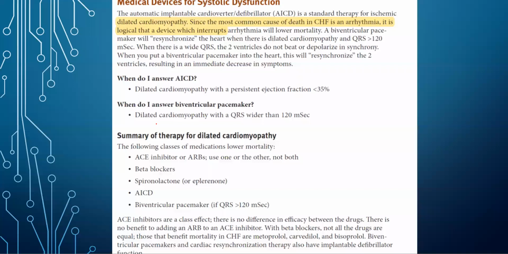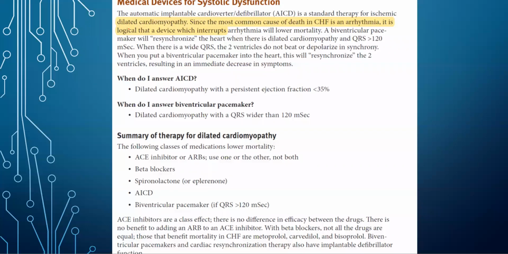Now, very quickly, we will finish heart failure. There are some medical devices which we can use in patients to improve their survival. One of them that is very important to know is AICD. What is AICD? It's an automatic implantable cardioverter defibrillator.